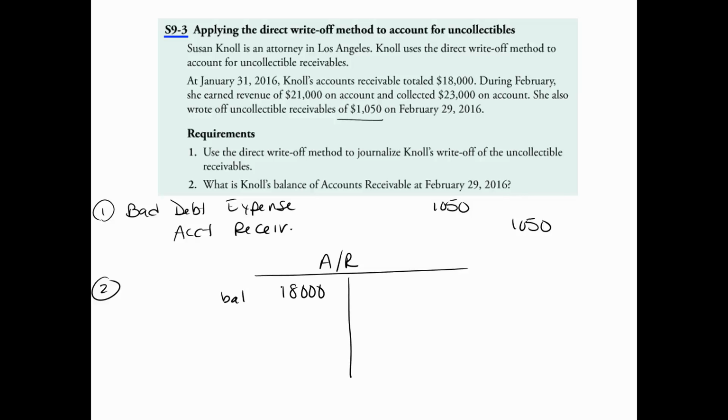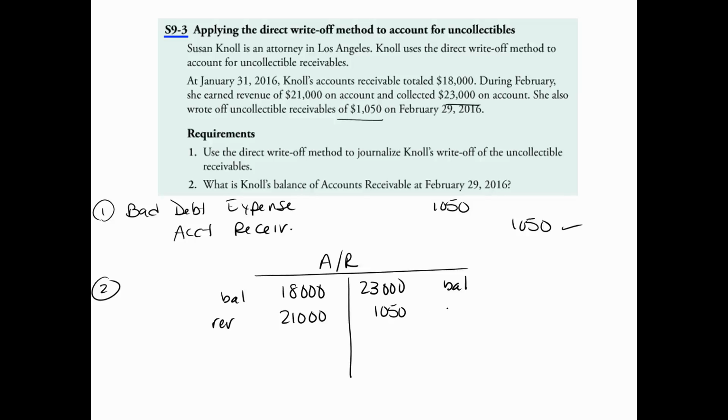We made sales on account. So we make a sale on account, we debit accounts receivable, and we credit service revenue. So I'm going to debit over here $21,000 for the revenue I earned this month. We collected $23,000. So when I collect, I debit cash and I credit accounts receivable. So I'm putting that over here on the credit side. And here on the write-off, I can see I credited accounts receivable.